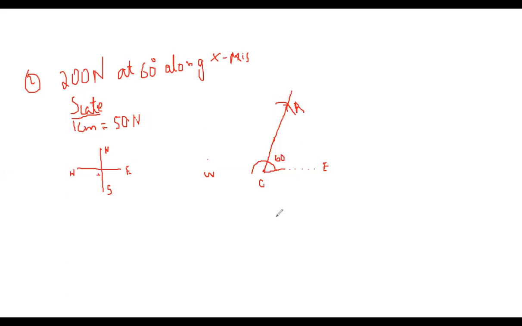So how can you write that? This is the point O, so you can write here OA is a vector, 4 centimeter long.